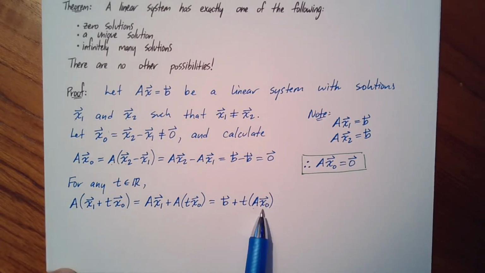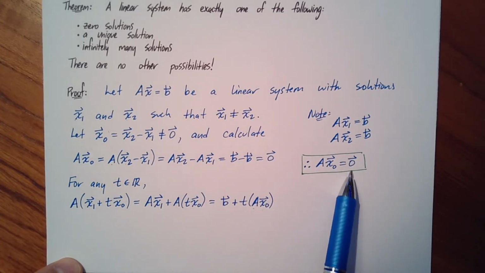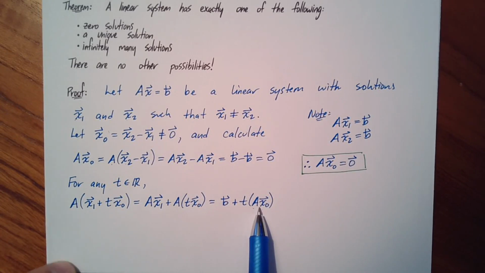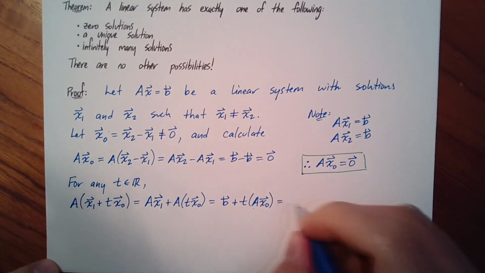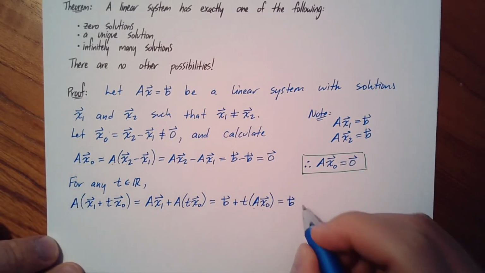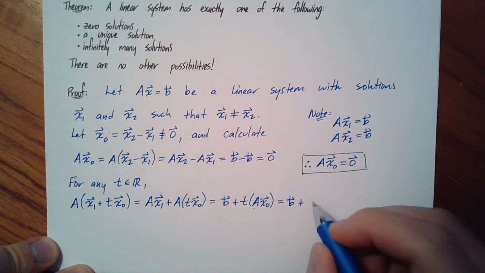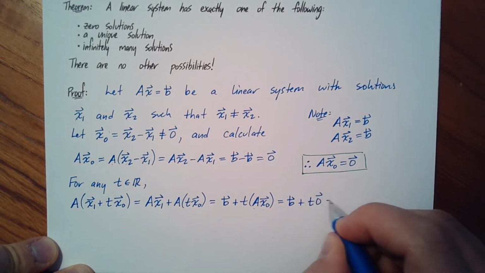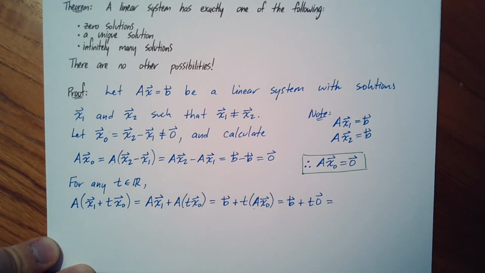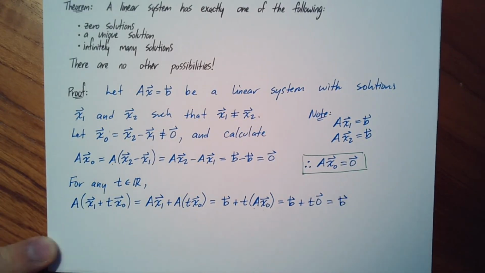And what is A x naught? Well, we already showed that that's equal to the zero matrix, right? So a column matrix consisting of all zeros. So we get b plus t times the zero matrix, which is just going to be the zero matrix. So if you go b plus the zero matrix, you're just going to get b.